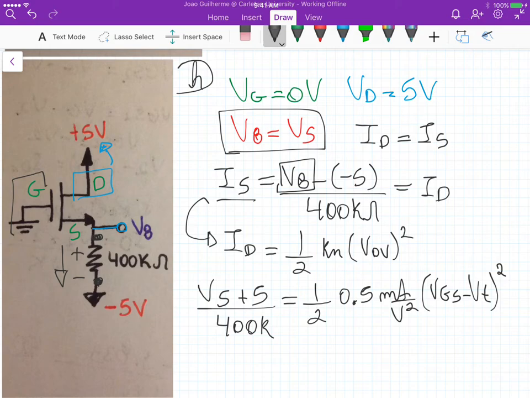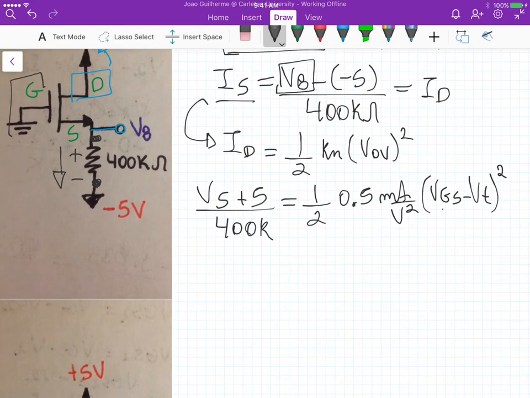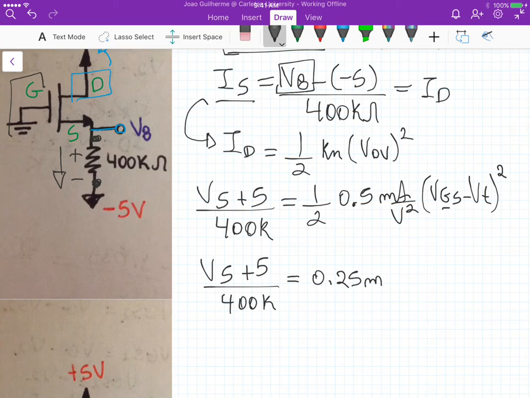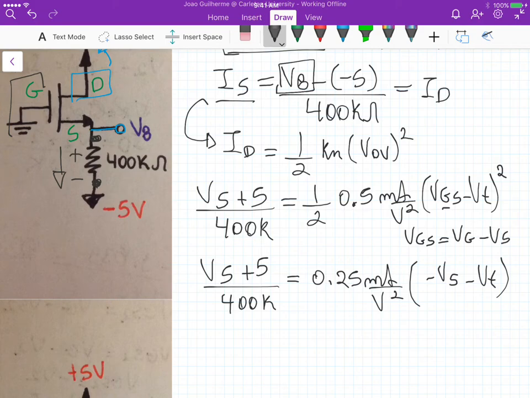Okay, and because the gate potential is 0, this equation becomes Vs plus 5 divided by 400k equals, I will multiply those two here already, milliamperes per square volts, times minus Vs minus Vt, because VGS is equal to Vg minus Vs, and Vg here is 0.